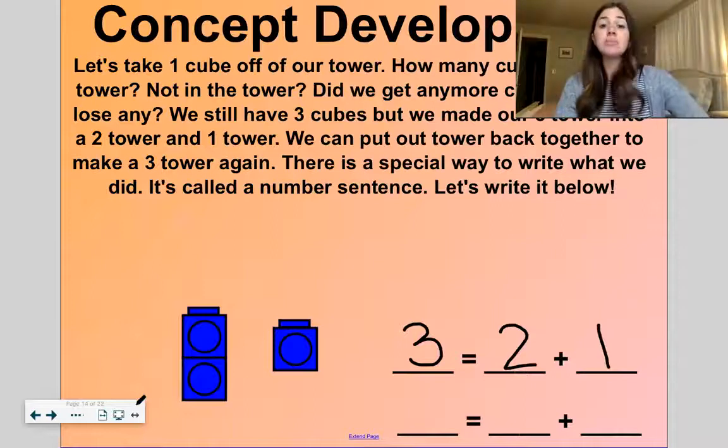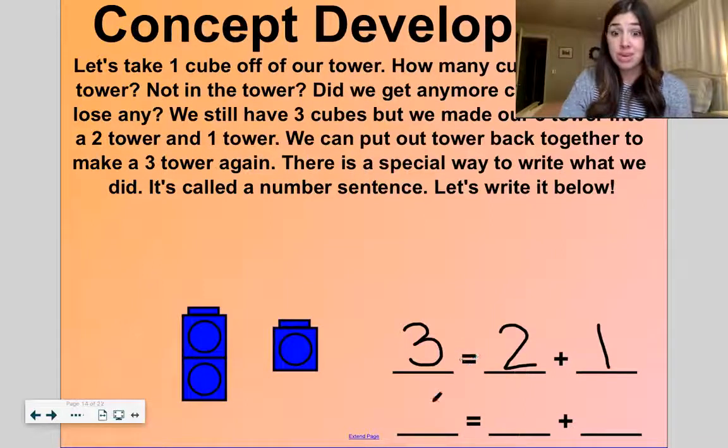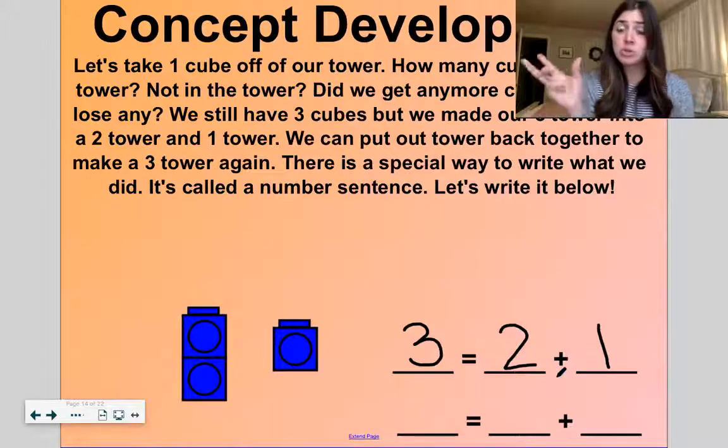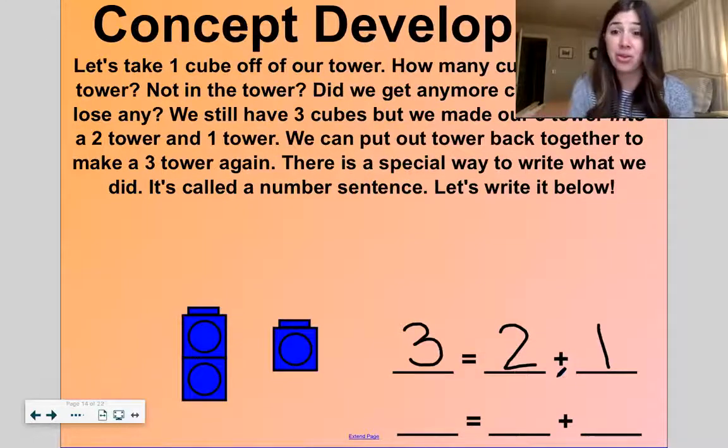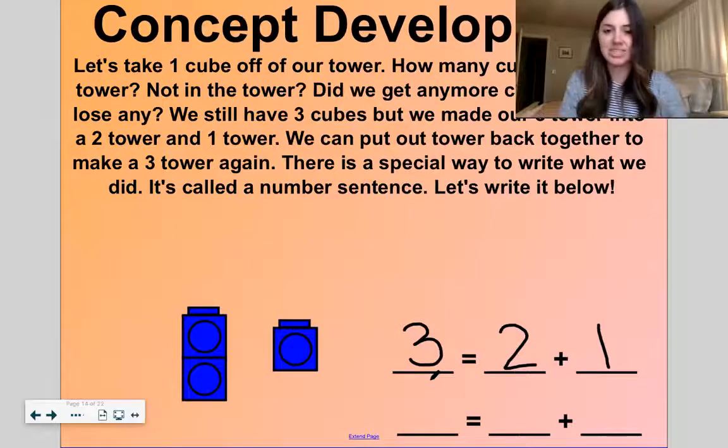So now this number sentence reads 3 equals 2 and 1. This symbol here is an equal sign. You can say equals, you can say makes. That's what that means. And this symbol right here, that's an addition symbol. So that means and. That means when you're joining 2 things together, it makes this thing.